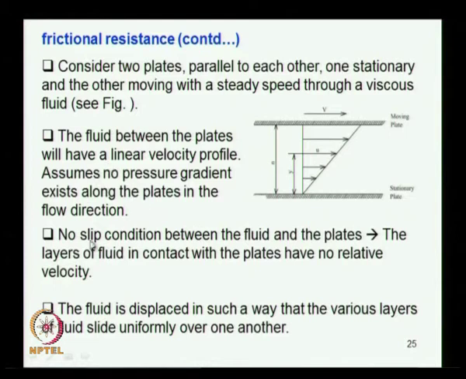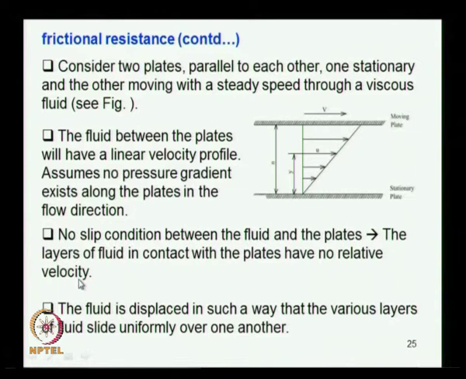That is the no slip condition between the fluid and plate. What does it mean? The fluid particle does not slip with the boundary, that means it attains the same velocity as the body. The layers of fluid in contact with the plates have no relative velocity, so they have the same velocity as the plate.